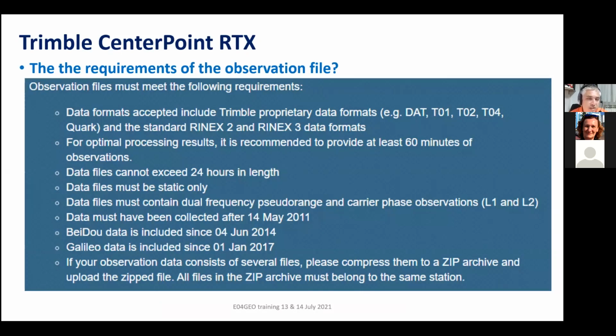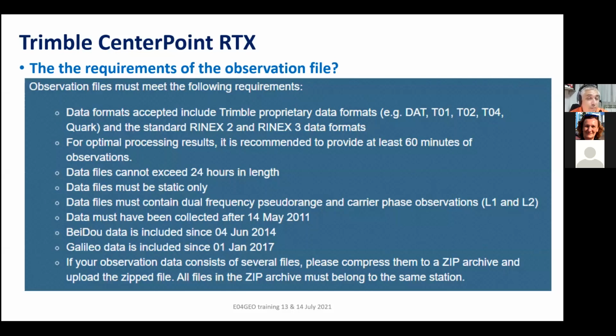For optimal processing results, it is recommended to provide at least 60 minutes of observations. It means, as I said before, at least 1 hour of observations. But data cannot exceed 24 hours in length.